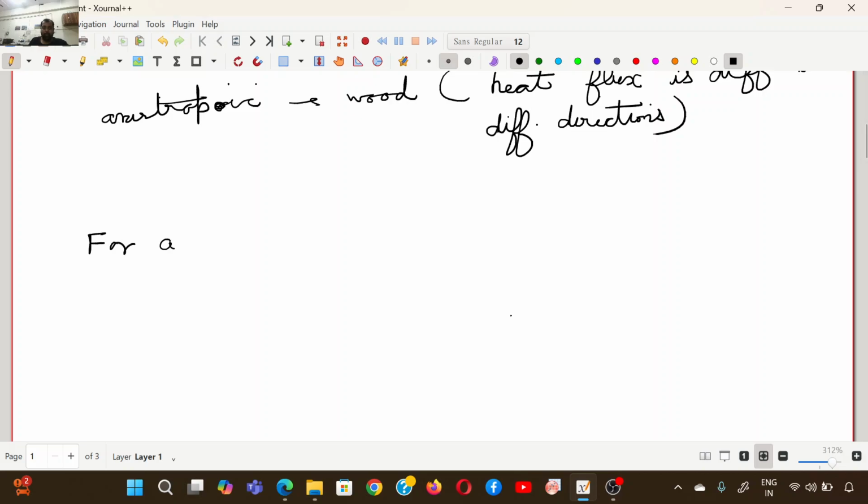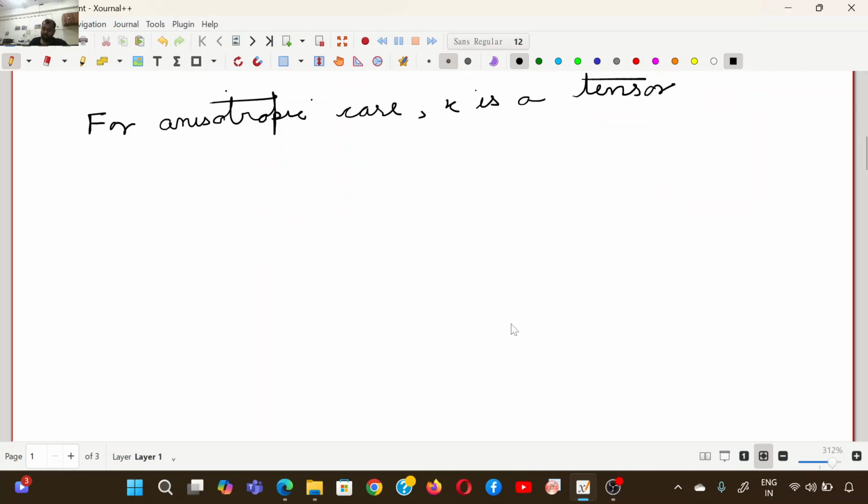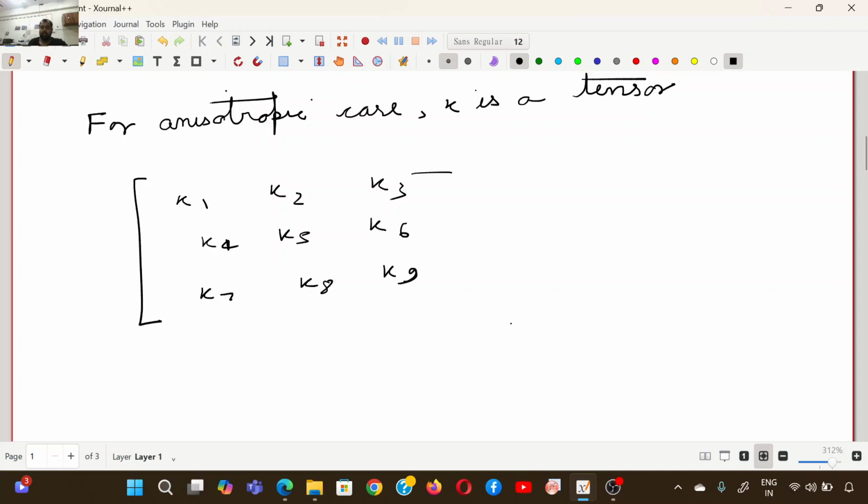I'll make some comments. For the anisotropic case, K is a tensor, right? So a vector was order one, and this is an order two tensor. So K dT by dx will be like this matrix multiplied by this matrix.